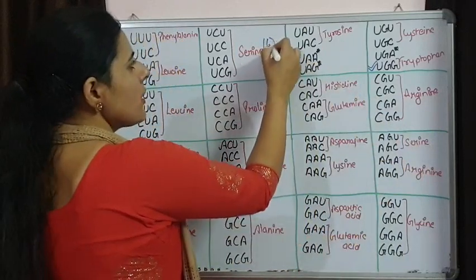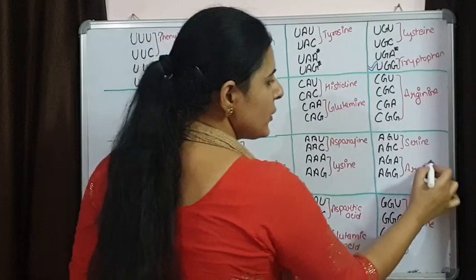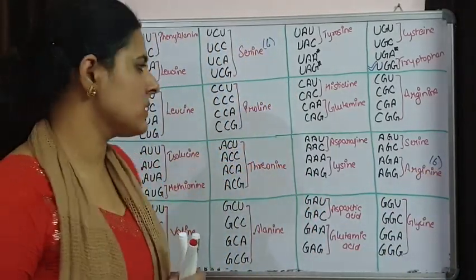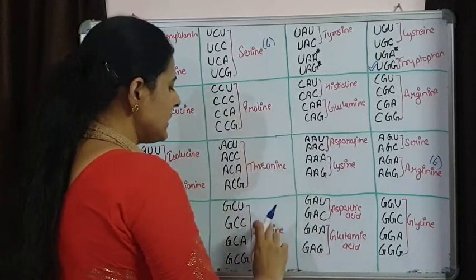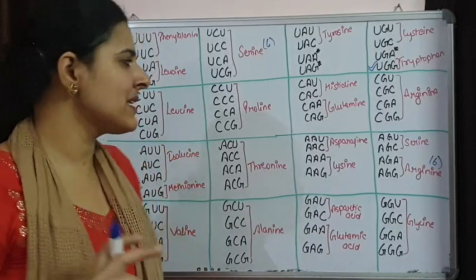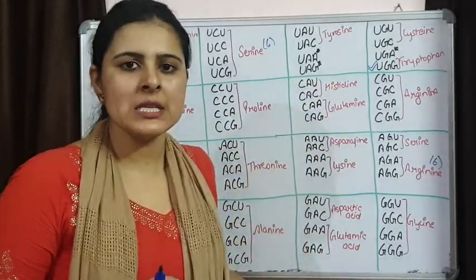So serine is coded again by 6 codons. If we see arginine, 4 are here and 2 are here. It is also coded by 6 codons. Some, like proline, threonine, alanine, glycine, are coded by 4 codons, and some of them are coded by 2 codons each.